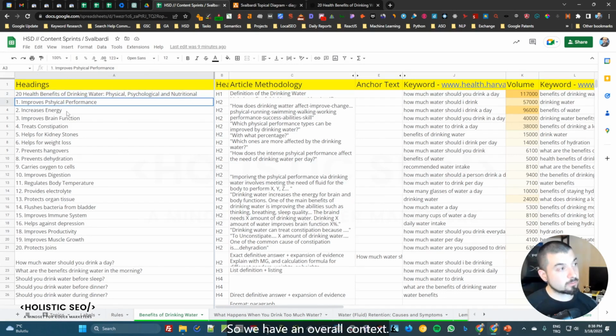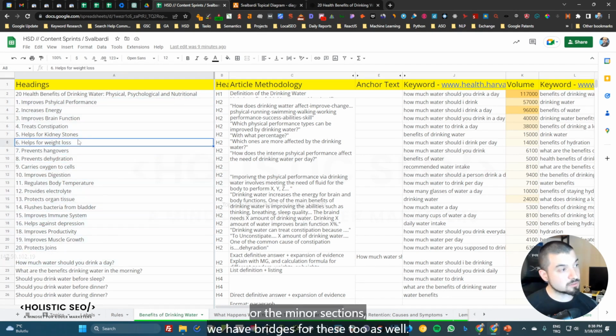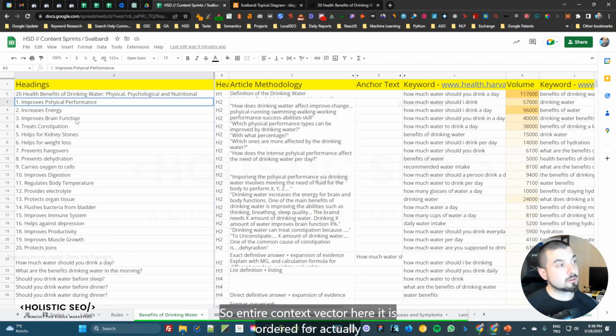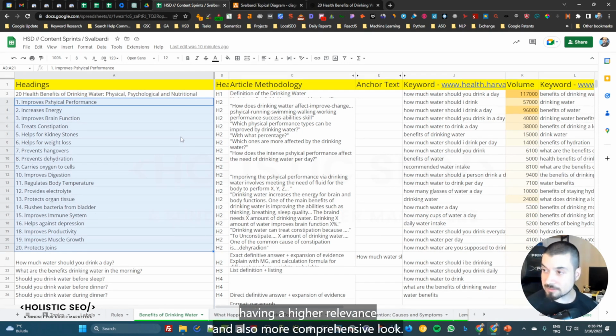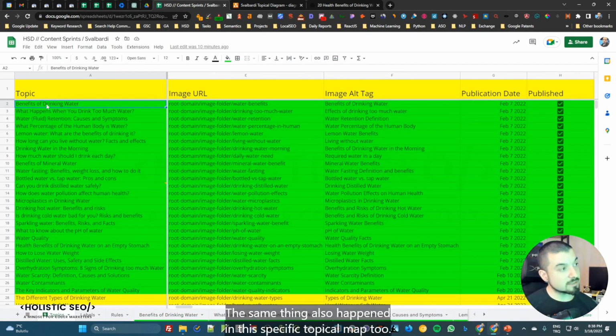So we have an overall context, then at the middle grounds or the minor sections we have bridges for these two as well. So the entire context vector here is ordered for higher relevance and a more comprehensive look. The same thing also happened in this specific topical map.